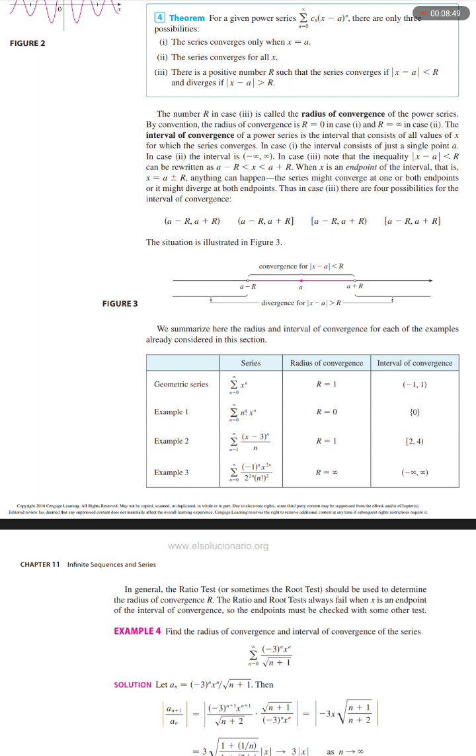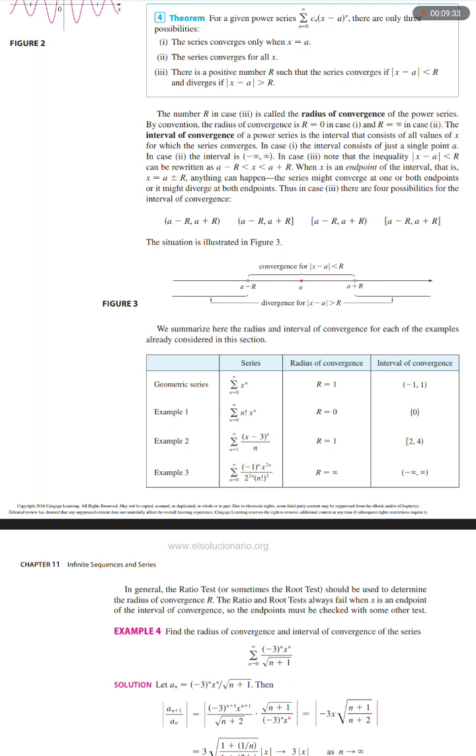In the geometric series, the sum from n equals 0 to infinity of x to the power n, the radius of convergence equals 1, and the interval of convergence is (-1, 1).